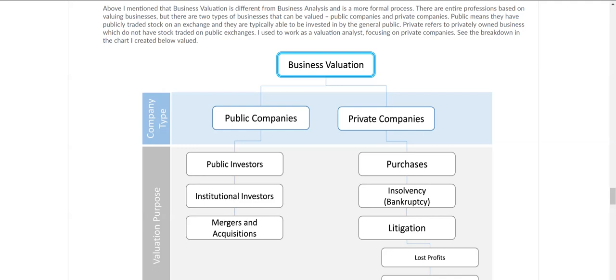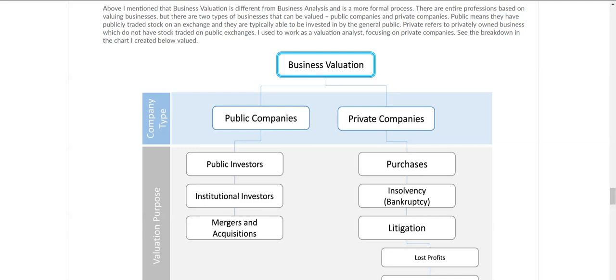Then you have M&A, people or companies doing mergers and acquisitions. Teams will often do research before they do M&A, and they'll value a company and decide whether it makes sense for them to add the company or not. Or maybe it's just a division of the company. But there are also some other reasons, though these are just some of the main ones.